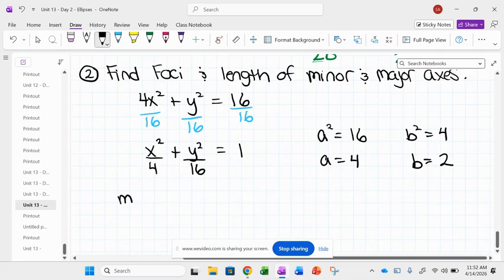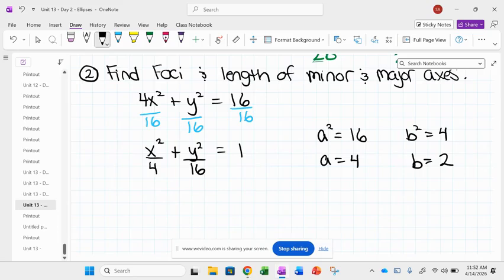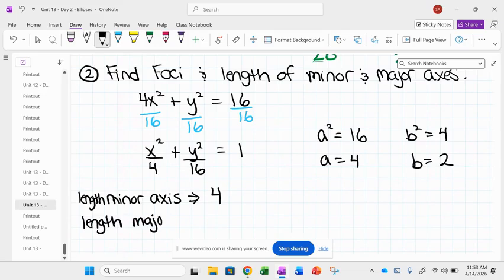So now the length of the minor axis is not B. What is the length of the minor axis? 2B. So if B is 2, 2B is 4. And the length of the major axis is going to be 2A, which is 8.